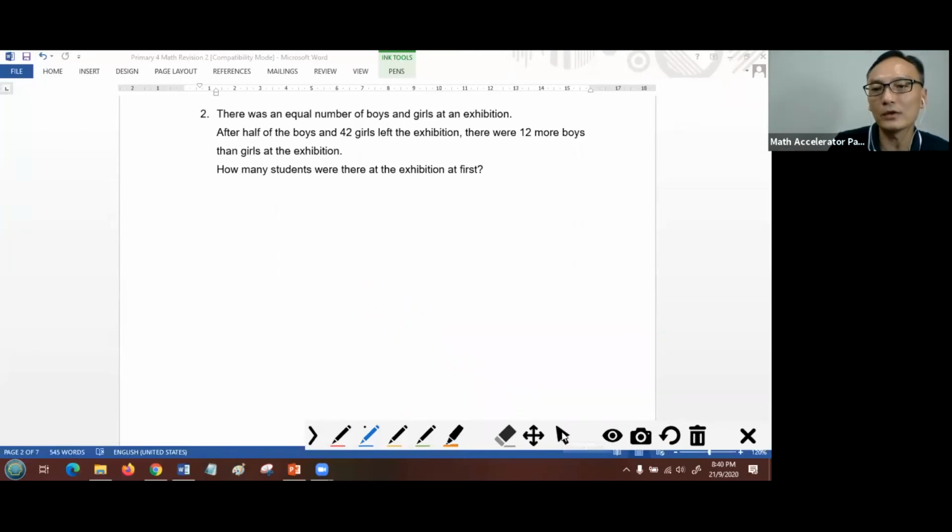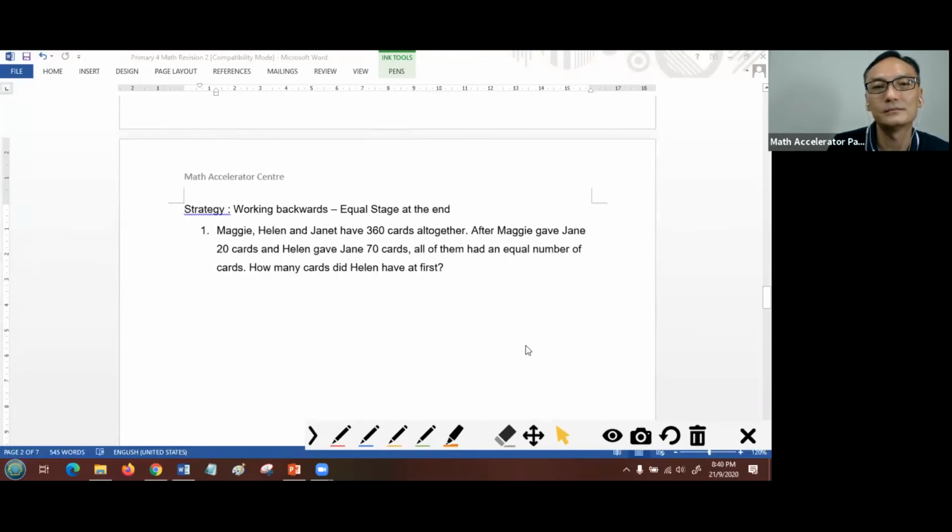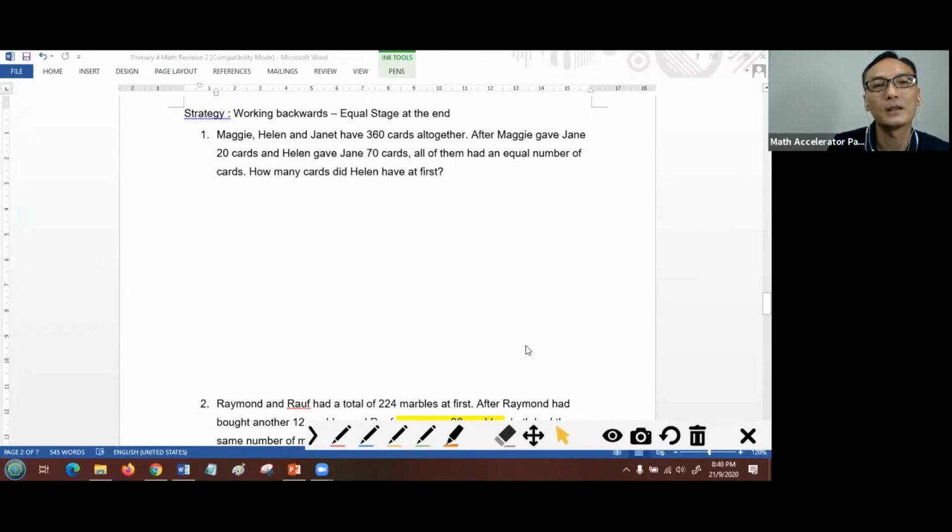Right, so the next one that we'll be doing will be the equal stage at the end. So Maggie, Helen, and Janet have 360 cards altogether.